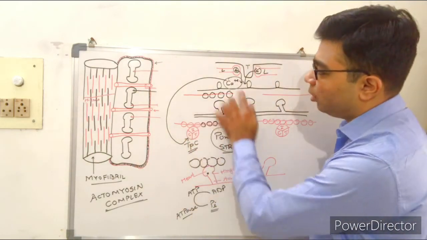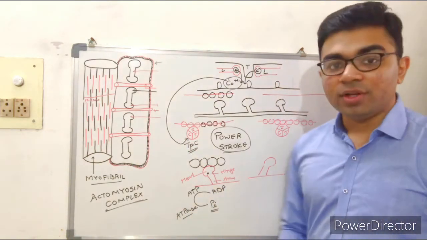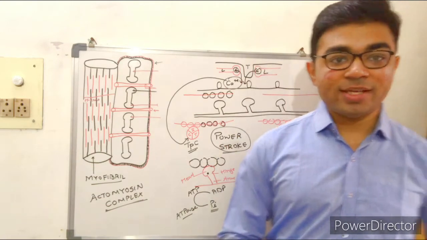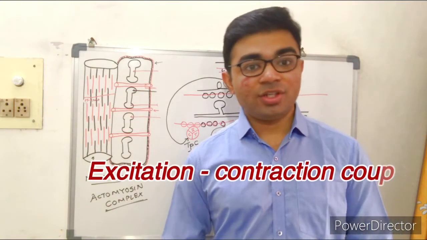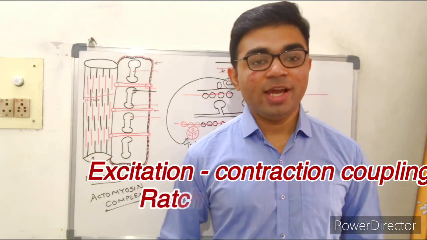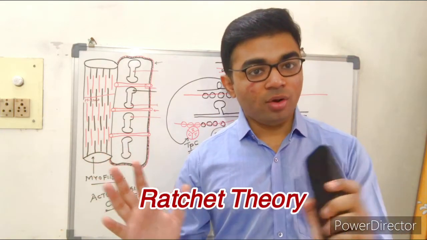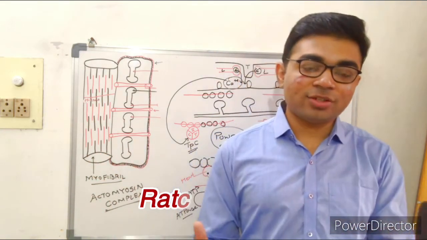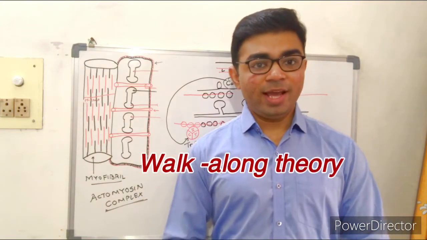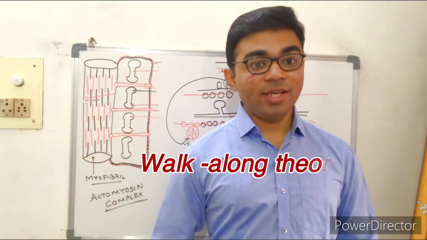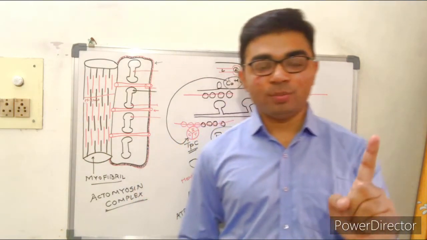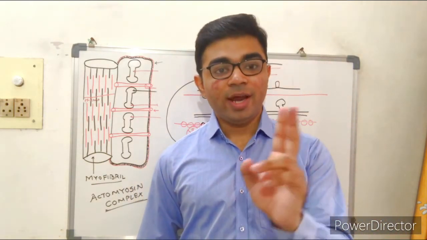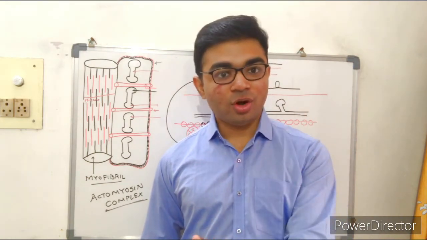So the pre-contraction state is achieved, and this theory is known as the excitation-contraction coupling theory, or you can say the ratchet theory or the walk-along theory, in which how a contraction occurs as well as the relaxation of the muscle is very well explained. Now again revise both of these things. First is excitation. The action potential arrives at the sarcolemma at the level of T-tubules, going to contract the muscle.